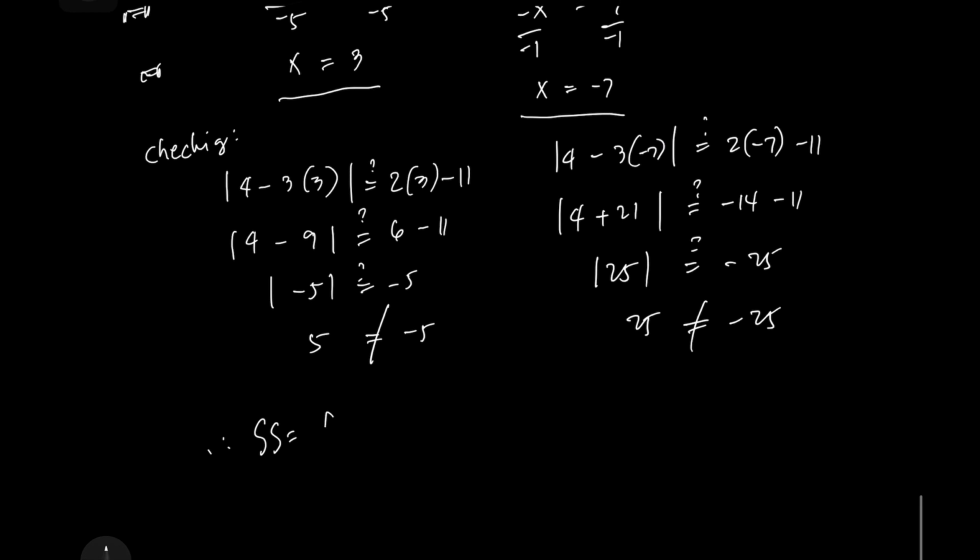So therefore here, the solution set is empty. Meaning we don't have a solution for the equation. We cannot find a real number that would satisfy the absolute value equation. Question? Okay, that's right.